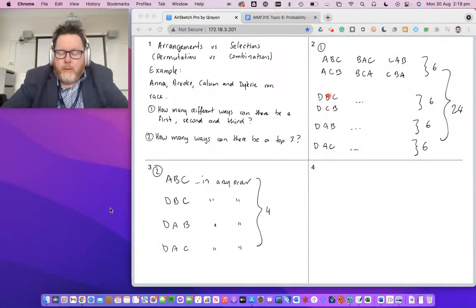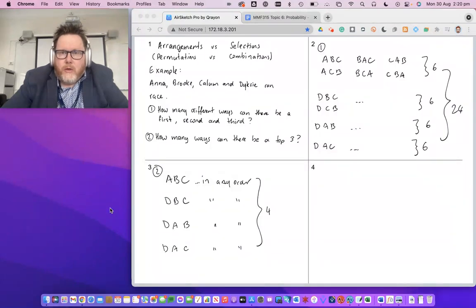Or we could have Dykesy, Brooke and Callum in the top three, but then we have to look at different combinations of first, second and third here. Or Dykesy and Brooke and all the different combinations that would make first, second and third there, etc. So we end up with 4 different distinct possible top three, but then there are 6 combinations in each one for first, second and third, which is where we get the 24.